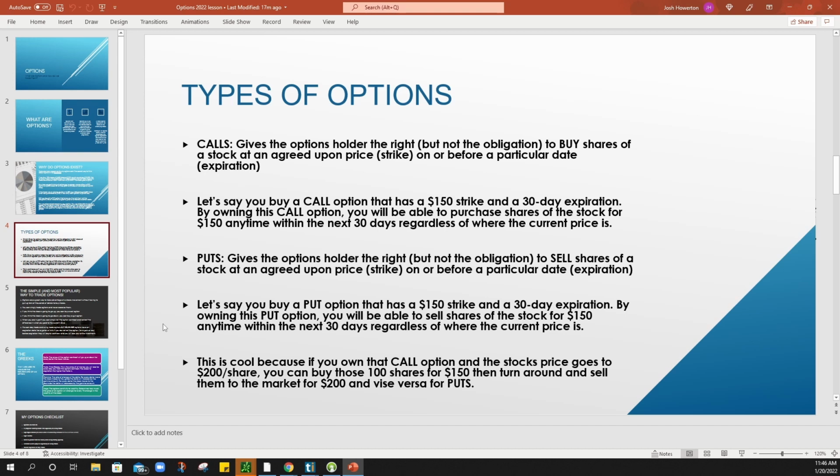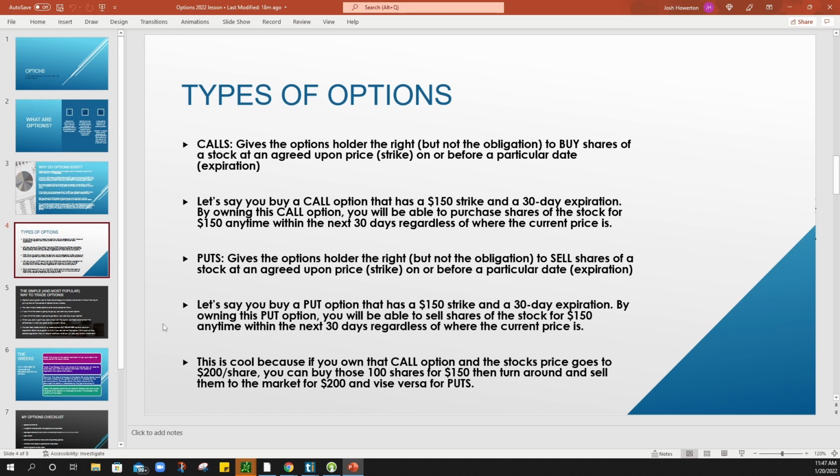So an example, let's say you buy a call option that has a $150 strike and a 30-day expiration. By owning this call, you would be able to purchase shares of the stock for $150 at any point in time within the next 30 days, regardless of where the current price is.